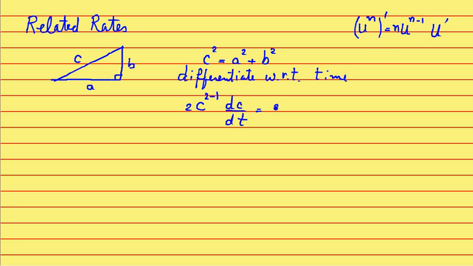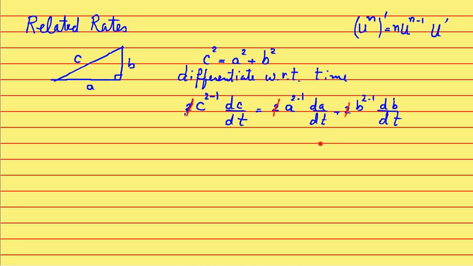On the right hand side, same story. I'll have 2a, 2 minus 1 is just 1, da/dt, and then the other 2b to the power of 2 minus 1, db/dt. I can just go ahead and cancel these 2's.